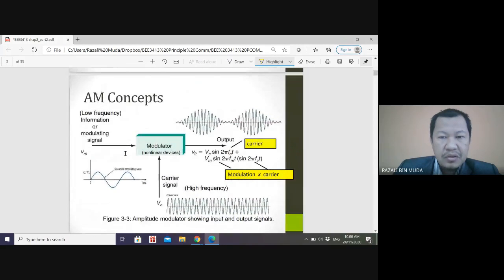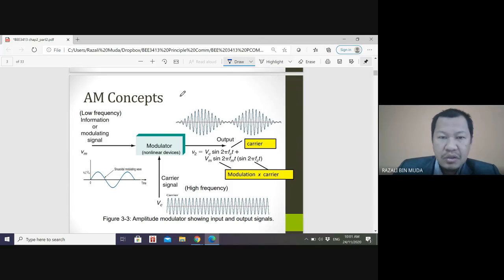Okay, so before we go further, let's recap some basic amplitude modulation concepts. In last class, we discussed the equation or the formation of AM signal.